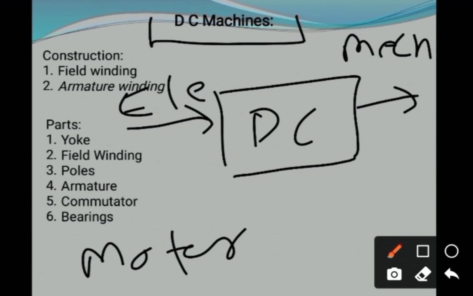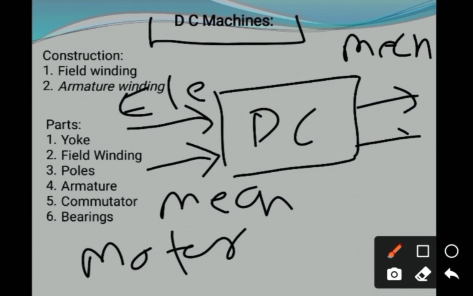The same machine is used, and only the input energy is changed from electrical to mechanical energy. When we change the energy, the output will be electrical energy and it is known as a generator.